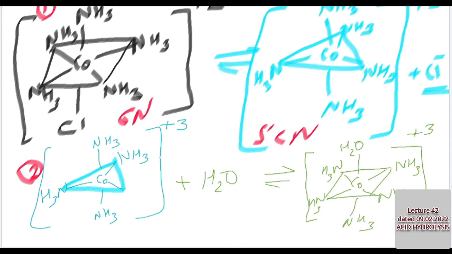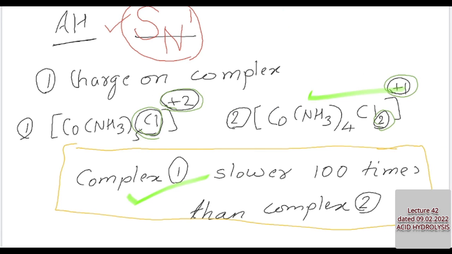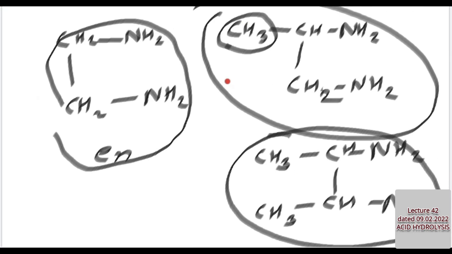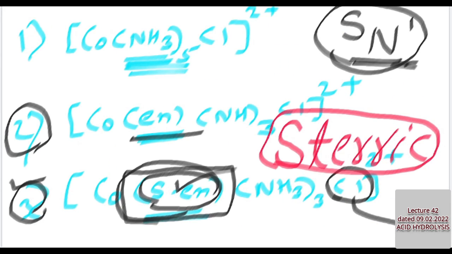On what ground are we saying it is SN1? The first factor is the charge on the metal ion. It is found that the dipositive monochloro complex is 100 times slower than the dichloro monopositive complex. The reason, which you have answered, is that if there is more charge, it is difficult to remove the chloride ion. The second factor was the steric factor, the crowding factor. When substituted ethylenediamine complexes were considered, it was found that the rate of the reaction is faster.